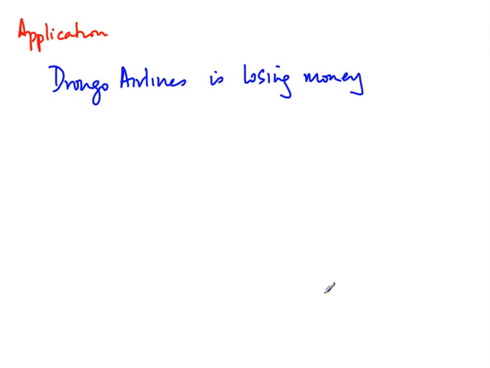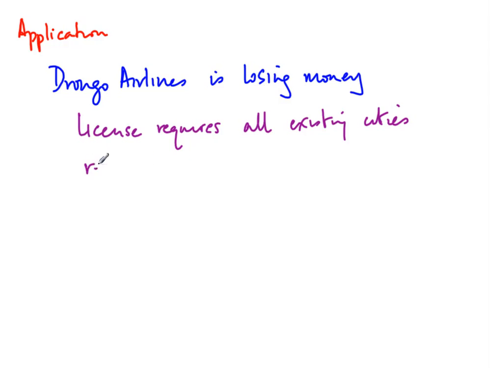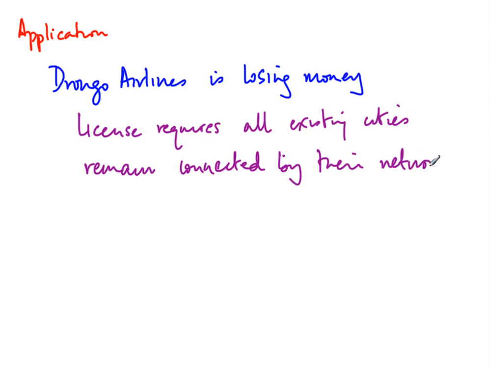So they want to save money by cutting down on some routes, but the license requires that all existing cities remain connected by their network, right? So it is not acceptable to delete routes from the network in such a way that one can no longer go from one city on the old network to another city on the old network, because there is no way to go from one to the other.